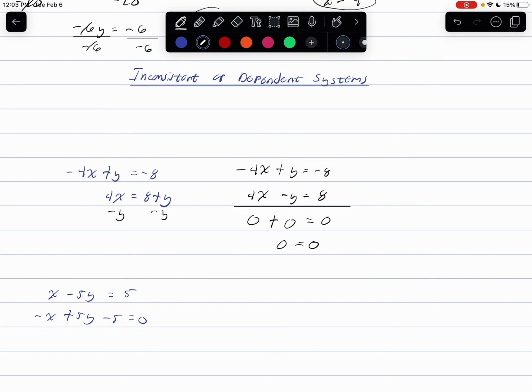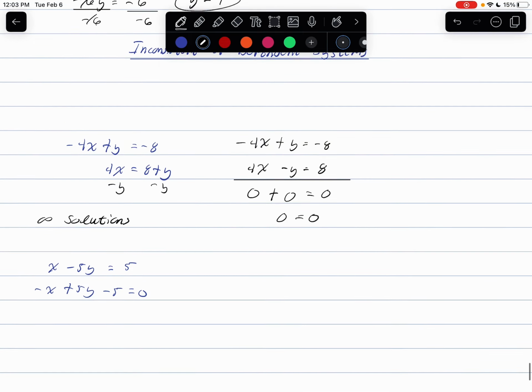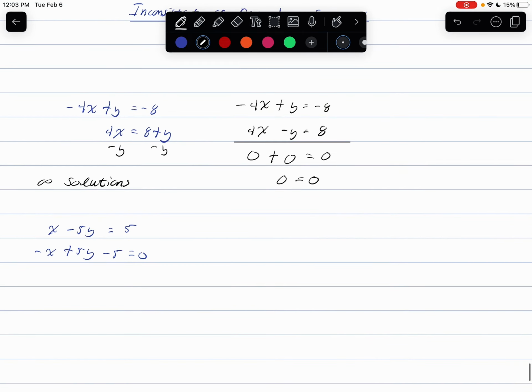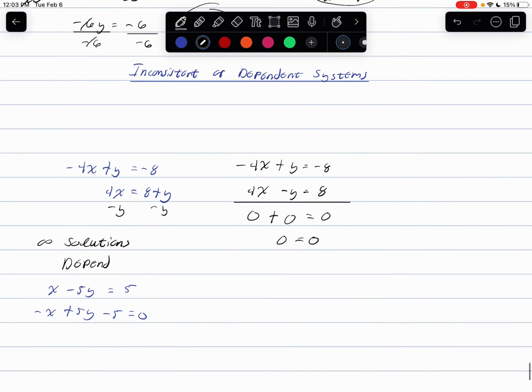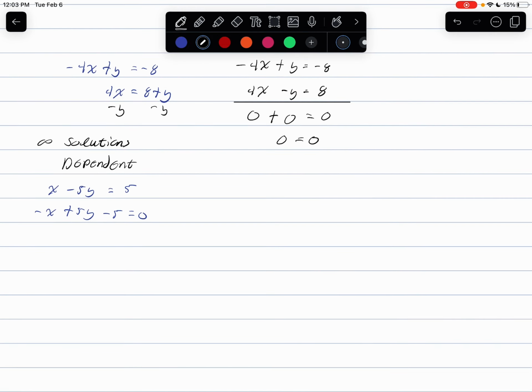And that would mean that there are infinitely many solutions. So we can write infinity solutions, okay? And we can also say that these are dependent. They're infinite solutions and they are dependent. They're dependent on each other.